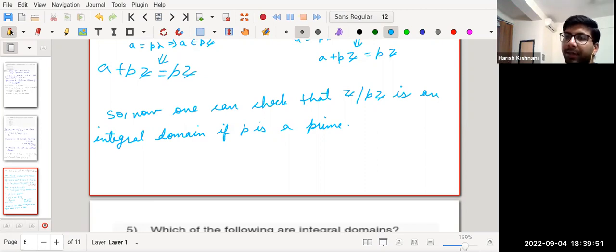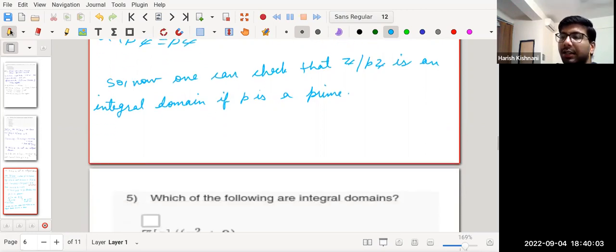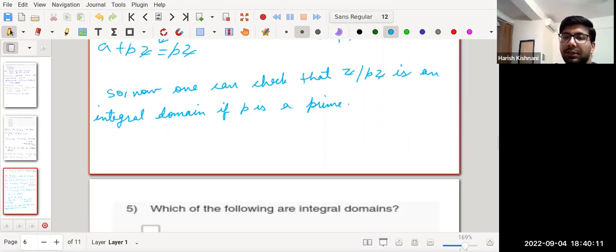If p is not a prime, then a and b are non-zero, not multiples of p. So you will get that a plus pZ times b plus pZ is equal to pZ again, such that none of a plus pZ and b plus pZ is zero.